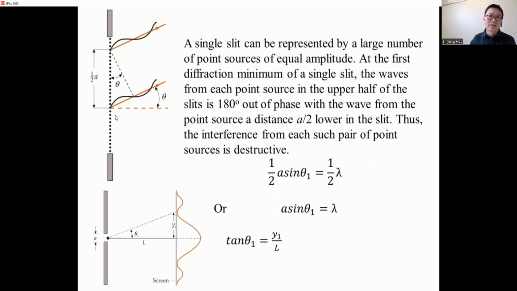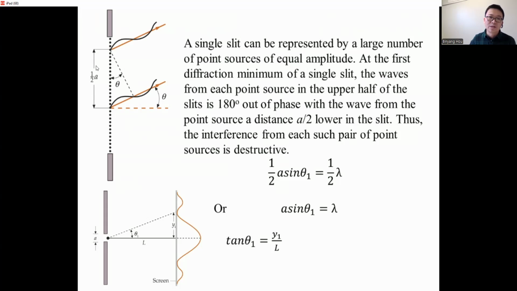Okay, so then if you get one light ray coming from one of these black dots that represent a small slit there, it will travel in that direction, and then halfway of the width of the slit, one half a down there, you get another one there, okay? So when these two light rays meet at the interference minimum, the path difference again is this small portion, okay?